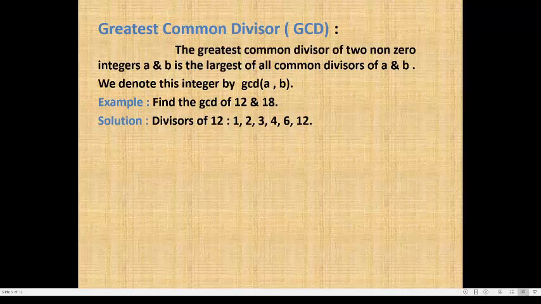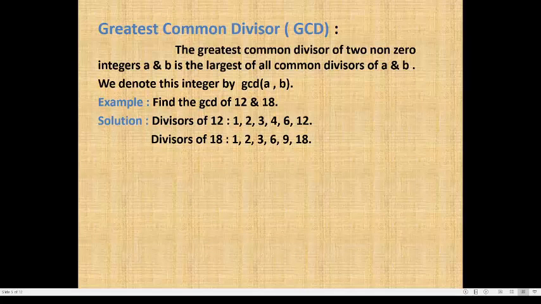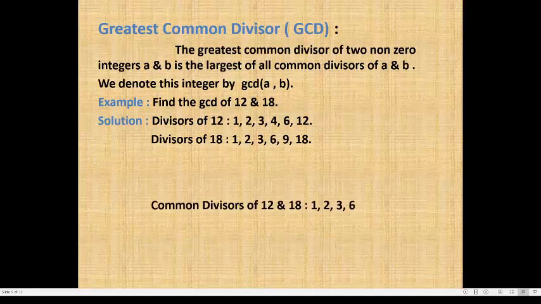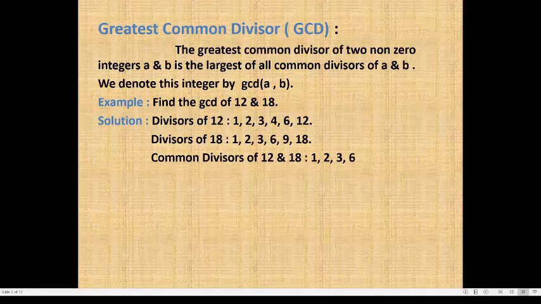Similarly, find the divisors of 18: 1, 2, 3, 6, 9 and 18. Now we want to find the common divisors of 12 and 18, which are 1, 2, 3 and 6. So among these common divisors, the greatest one is 6. Hence, GCD of 12 and 18 is 6. So, all of you get this?